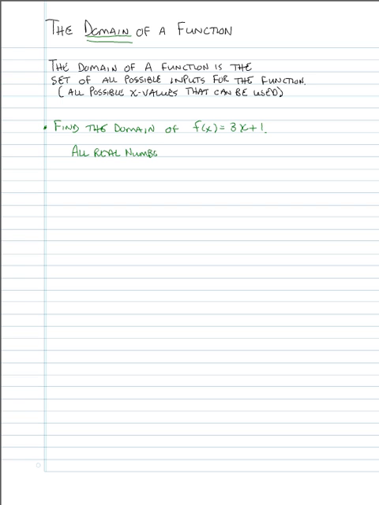Now, sometimes in my math lab, we're not going to be able to enter our answer that way. Okay, that's the domain. And probably what we'll need to do is write this in interval notation. And so the way we write all real numbers in interval notation is the set of numbers from negative infinity to infinity.